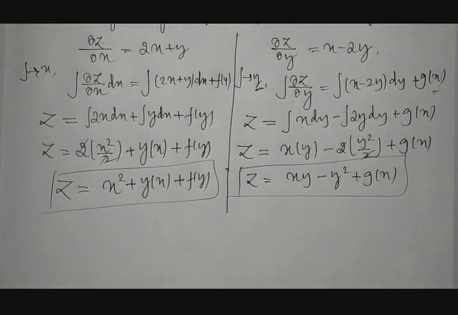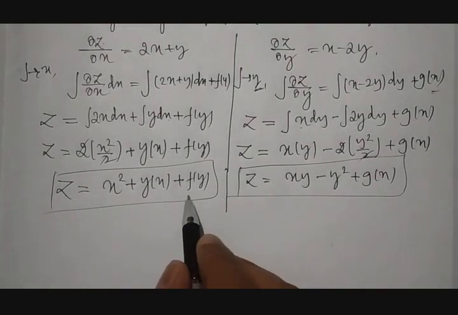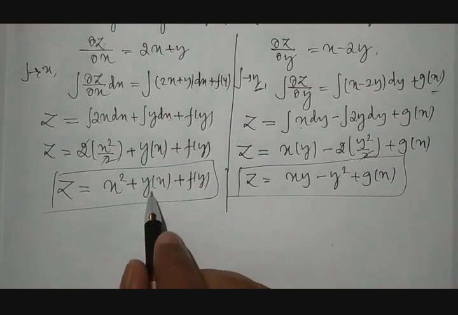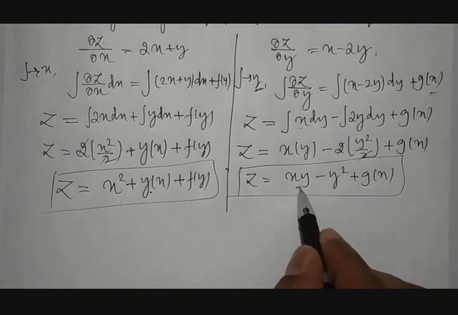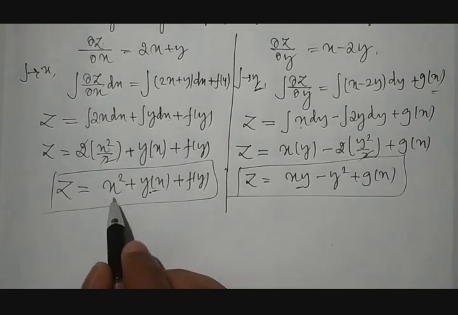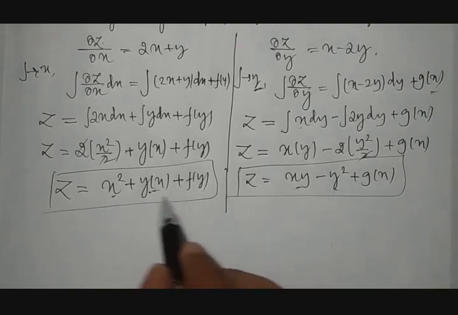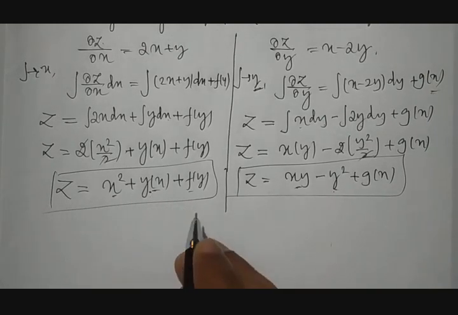But if you compare these two results, then we understand these two results are slightly similar but not exactly. Here we can see the xy term is there, here also the xy term is there, no problem. Here x square is there, which is not available here, and here minus y square is there, which is not available here.